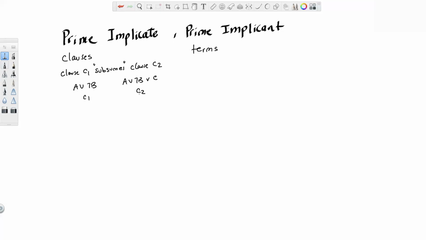And in this case, we will say that clause 1 subsumes C2. Intuitively, it means that if I have this one, there is no need for that one, because this is implied by that. And that's precisely when C1 implies C2, or entails C2, all right? You can see that intuitively. If I tell you A or not B, then there's no point for this.